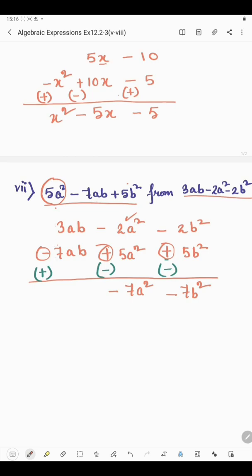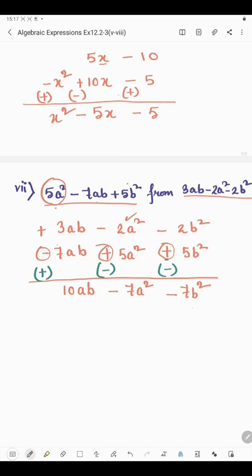And lastly, in front of 3 no sign is present, so it will be positive, and 7 is also positive, so 7 plus 3 is 10, so it will be 10ab, and since both terms are positive, it will be plus 10ab. Okay, so the answer of the seventh part will be 10ab minus 7a square minus 7b square.